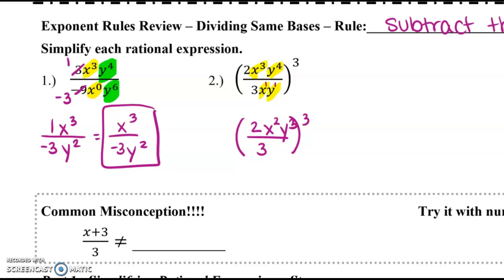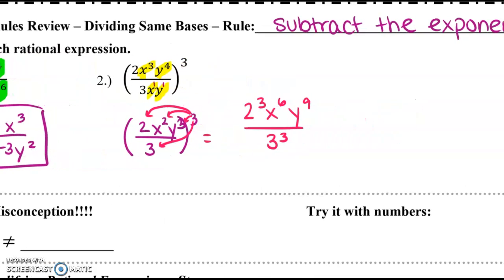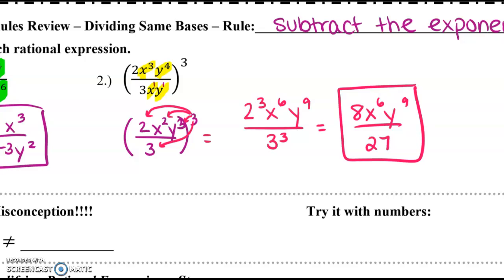Then I can go ahead and share the 3 with everything, so everything on the top and on the bottom. So this is going to be 2 to the third, x to the sixth, because we multiply those exponents, y to the ninth, 3 to the third. And then the last thing I need to do is simplify. The 2 to the third is 8, so x to the sixth, y to the ninth, and 3 to the third is 27. And I can't simplify the 8 or the 27 any further.